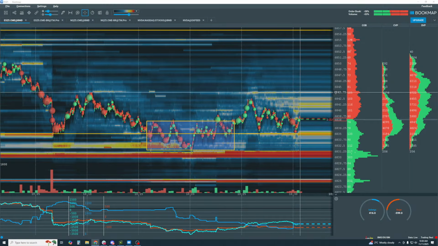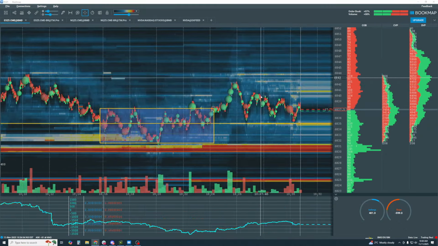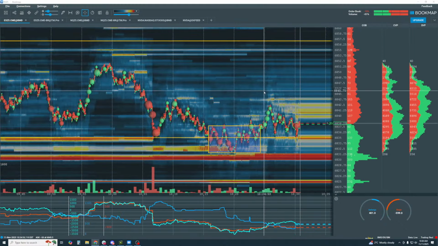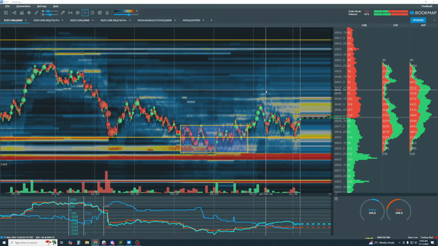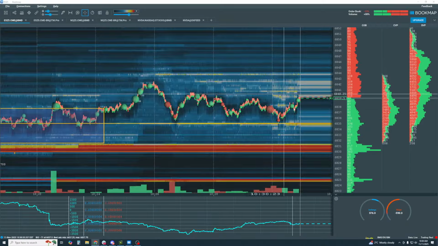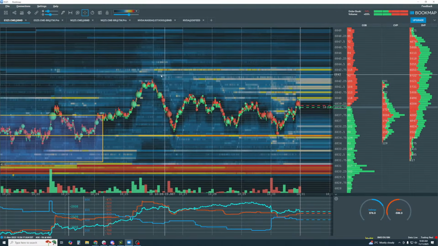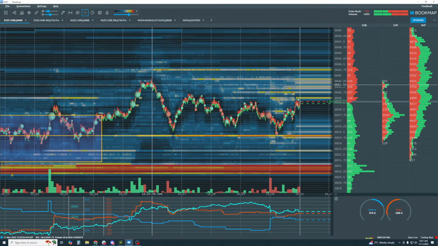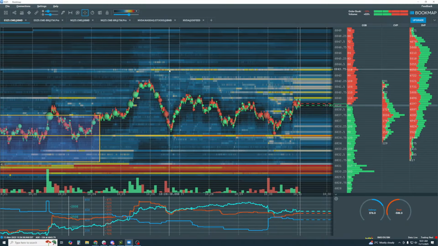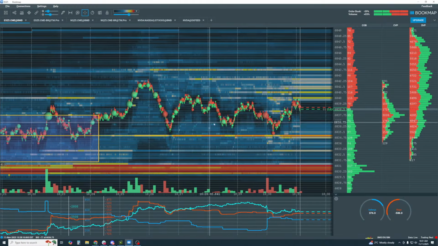No. Okay, here we go. And let's see, are we going to get some buyers and try to trade back up into the swing around 42 to 43 or 44?